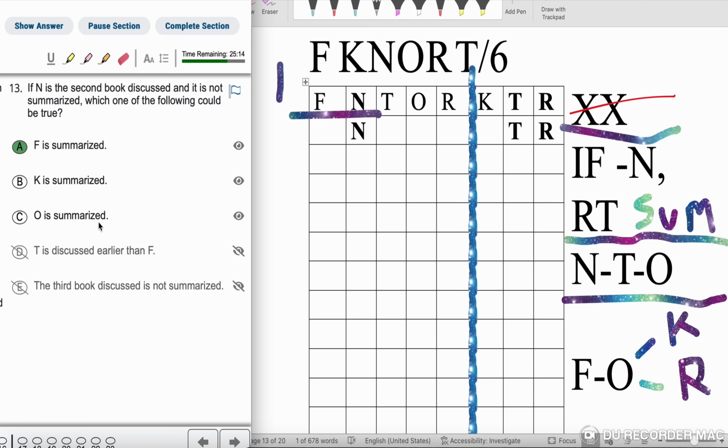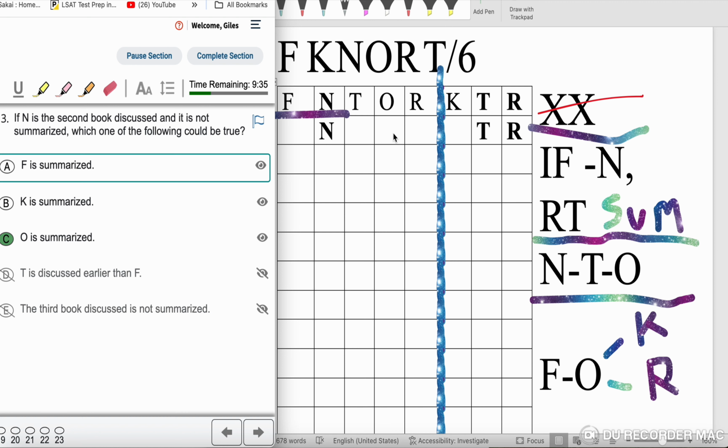According to the rules, if N is the second book discussed, T and O must come after it. With that being said, you have a strong chance of O being in there.